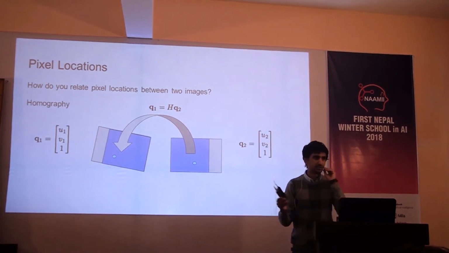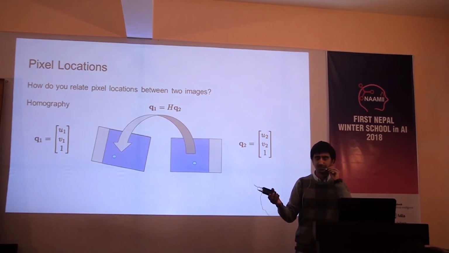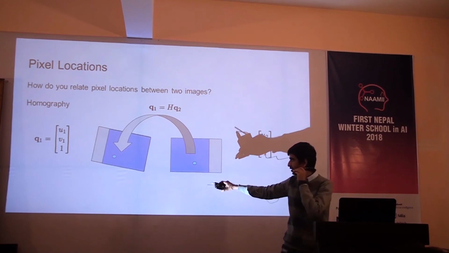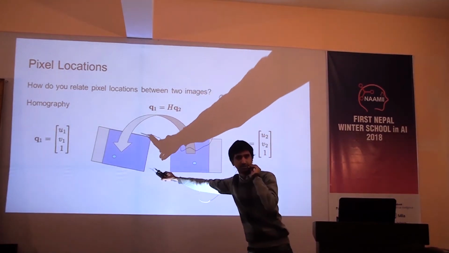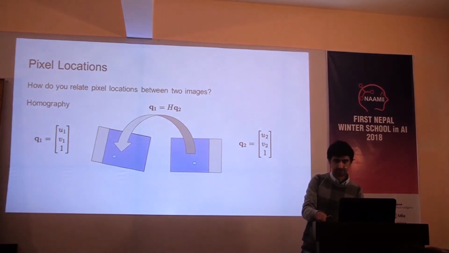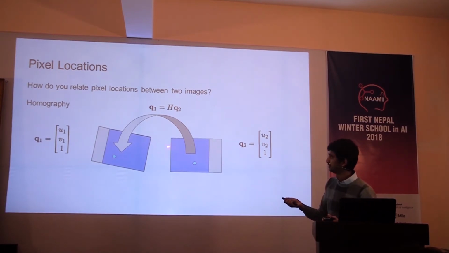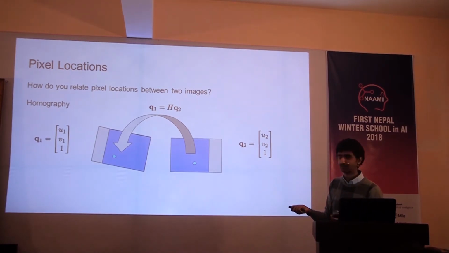And image stitching, or creating a panorama image, means you will transfer this gray part to this side, right? So this gray part here, that's what you want to do. And you want to find a relation H between each pixel in the image.